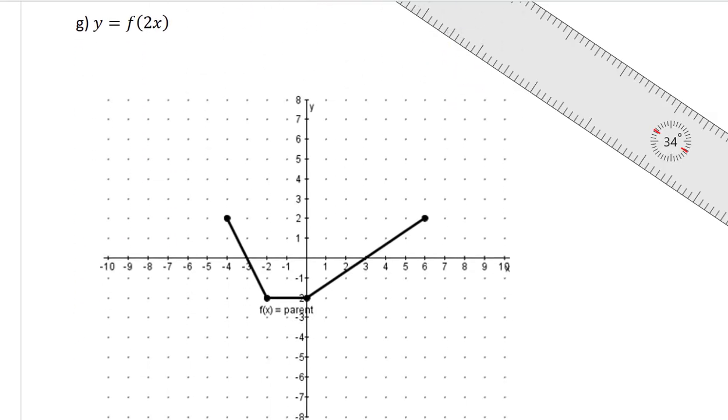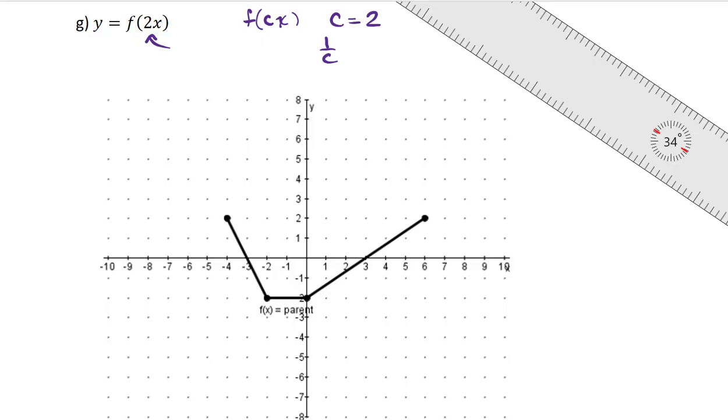On part G, we have y is defined as f of 2 times x. So this is equivalent to saying y is equal to f of c times x, where the constant c here is 2. So whenever we stretch or compress in the horizontal direction, we multiply the x value by the reciprocal of c.